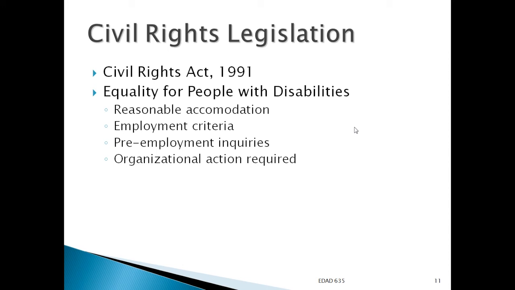The reason being that these are the framework by which most actions around human resources will be influenced by the federal government. For instance, we have various civil rights legislation, equality for people with disabilities, and reasonable accommodations.